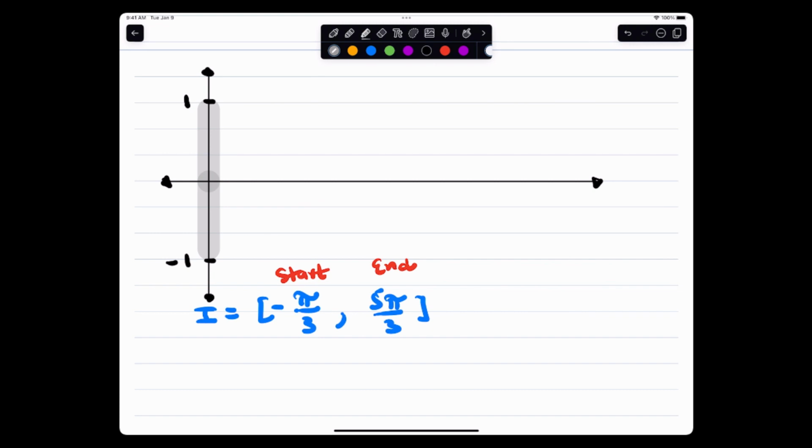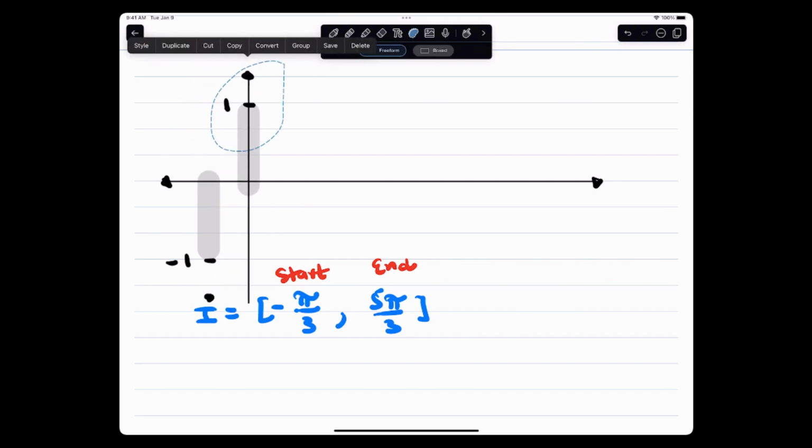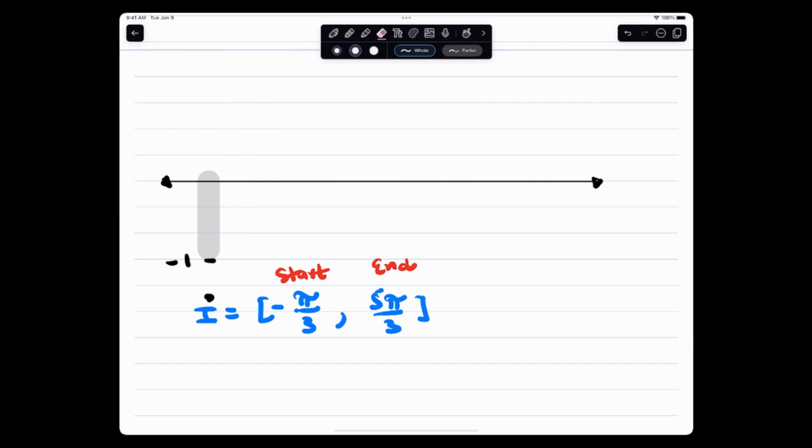However, I want you guys to be careful here. Let me go back here. I didn't even sketch that at this point. Whenever it starts with a negative value, like negative pi over 3, I don't sketch the vertical line yet because I don't really know where things are going to end up. I'm not quite sure. So I didn't even do that yet. So we're going to start at negative pi over 3, end at 5 pi over 3. You guys see my point?